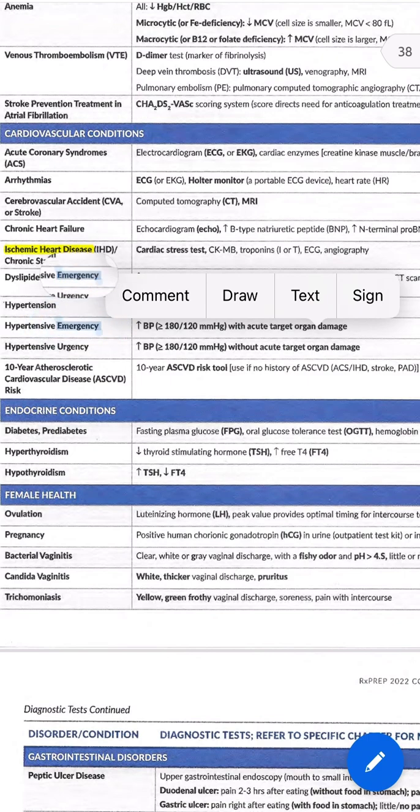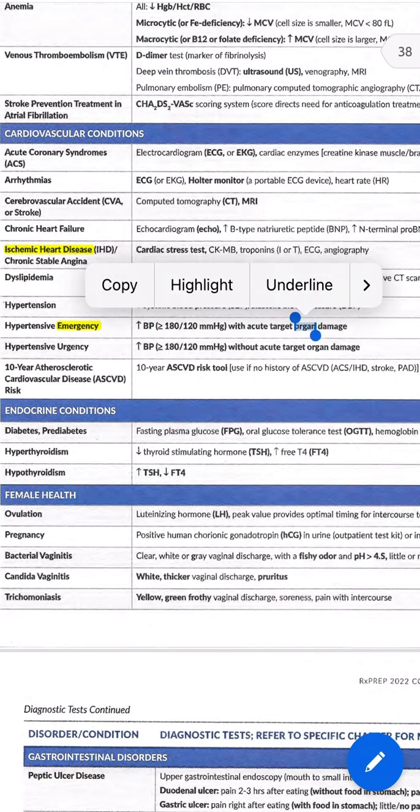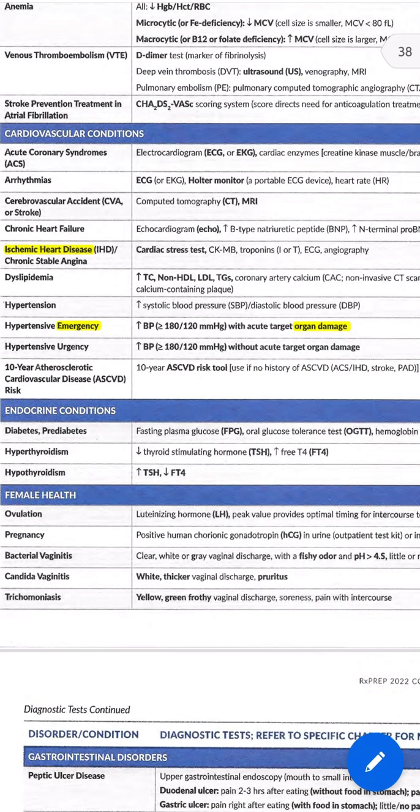With organ damage, you must go to emergency right away. But if it's urgency, you don't have organ damage.